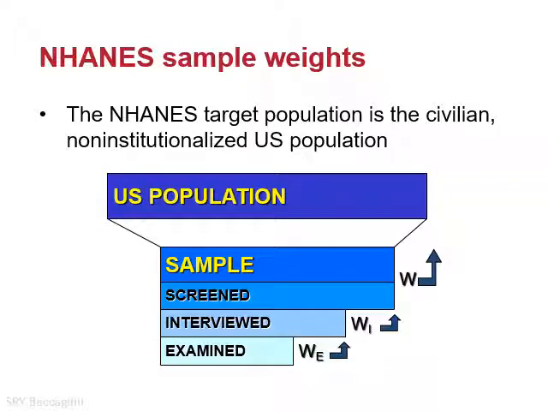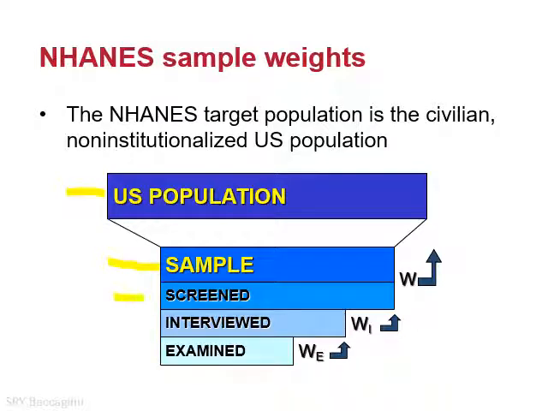These weights are different depending on the person, and when the person participated. So we start with the US population up here. Then we decide, okay, we want to select a certain sample, then we can reconstruct through statistical approaches and we can then generalize back to the US population.